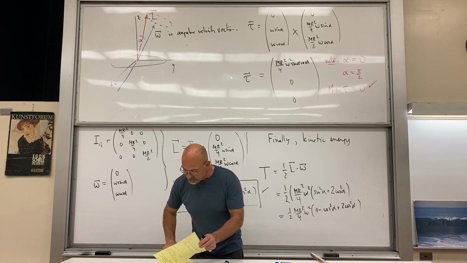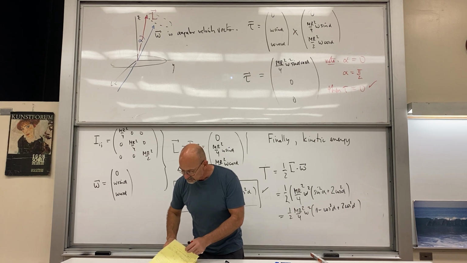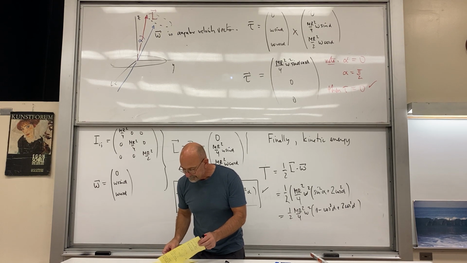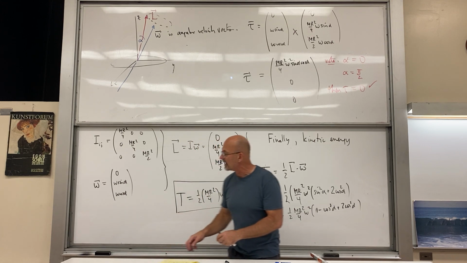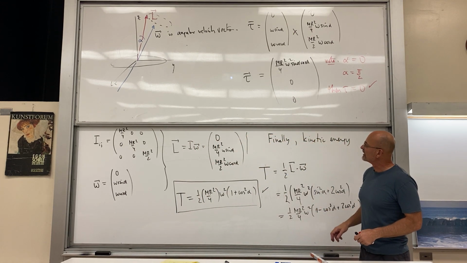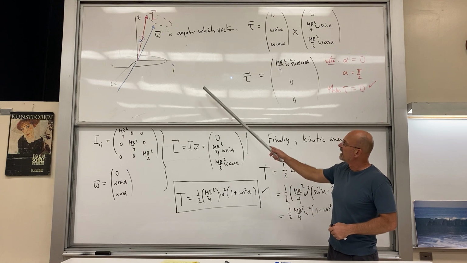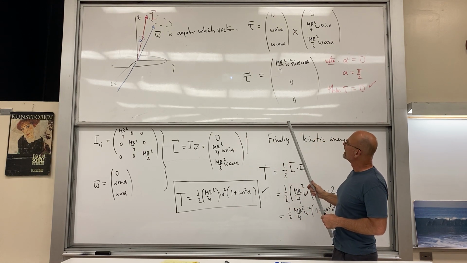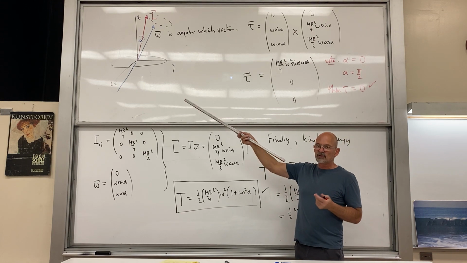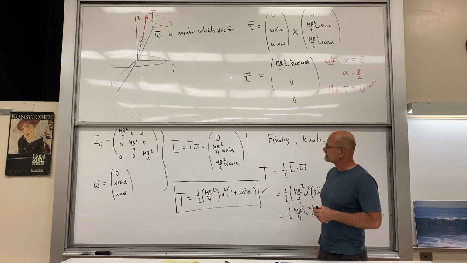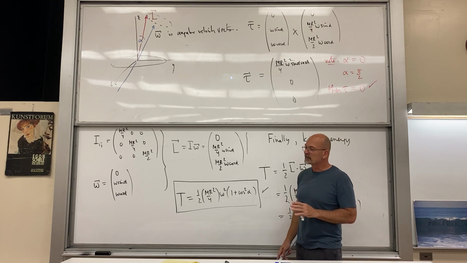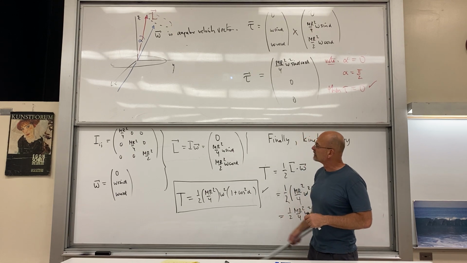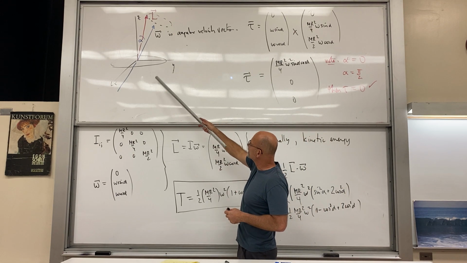Okay. Yeah. So I'm going to leave it at that. This is a really rich system, actually, so you can go through everything we did here and make sure you see it. And you can even build the thing and twirl around a bit. It exemplifies just about everything we've talked about. You have to make use of some properties of the inertial tensor.